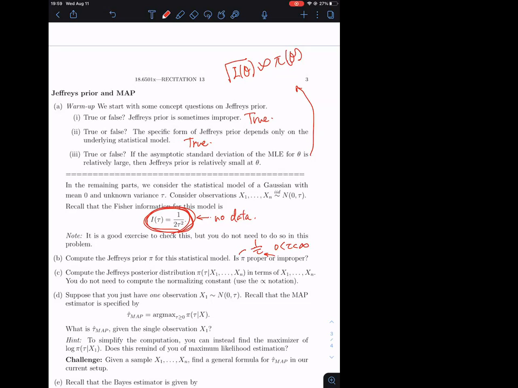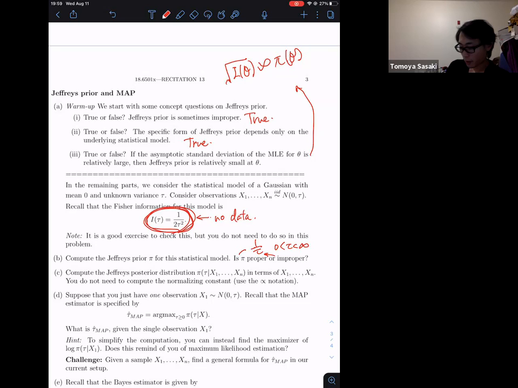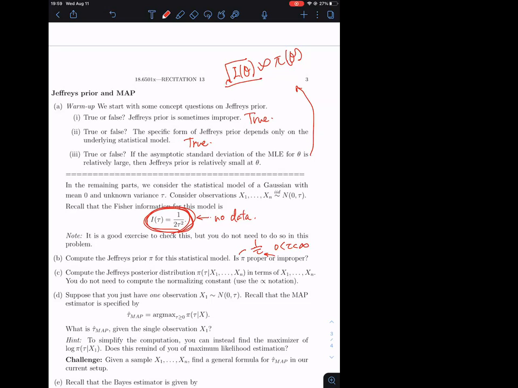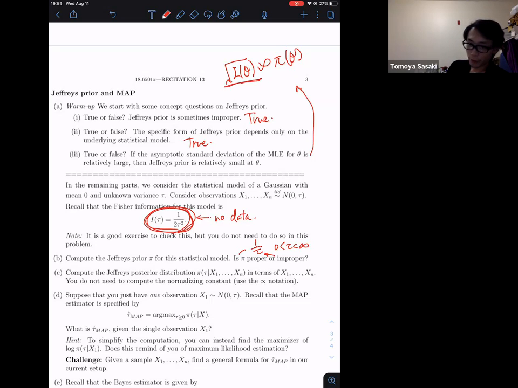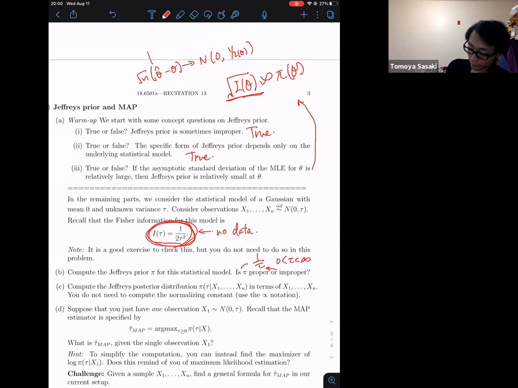So the Jeffreys prior is the square root of Fisher information, and if it's one dimension, 1 over Fisher information is going to be the variance of the MLE, right?